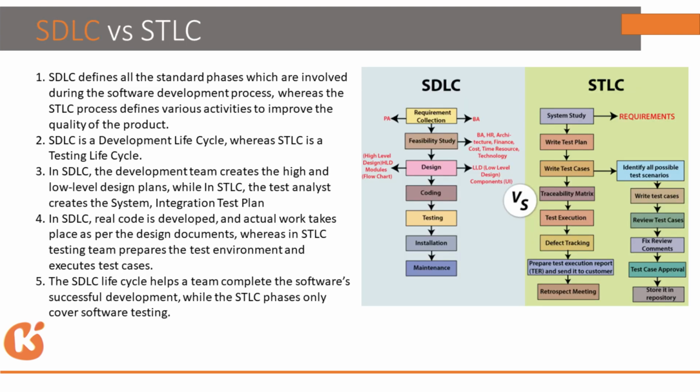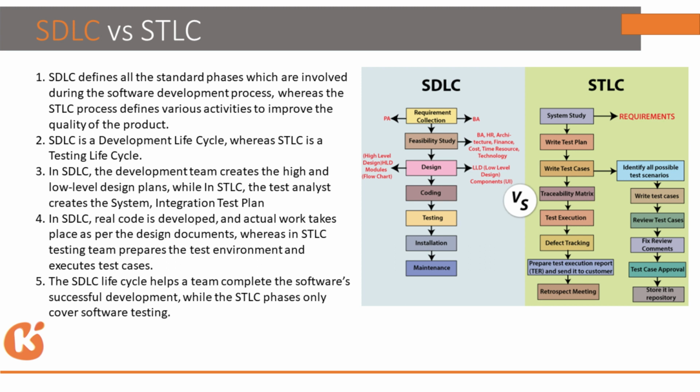Difference between SDLC and STLC. SDLC is nothing but the software development lifecycle. It is a process or procedure to develop a software application. SDLC has several stages such as requirement gathering, feasibility study, designing, coding, testing, implementation, and then maintenance. Whereas STLC stands for Software Testing Lifecycle.